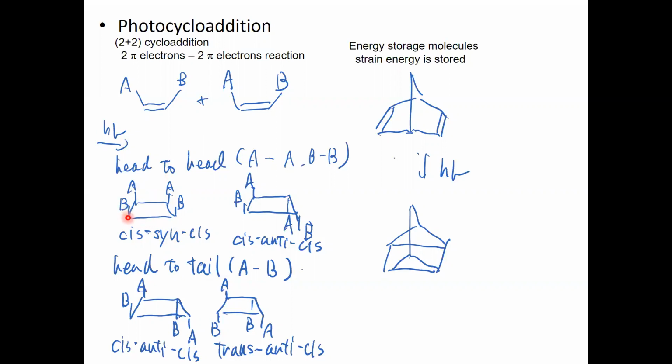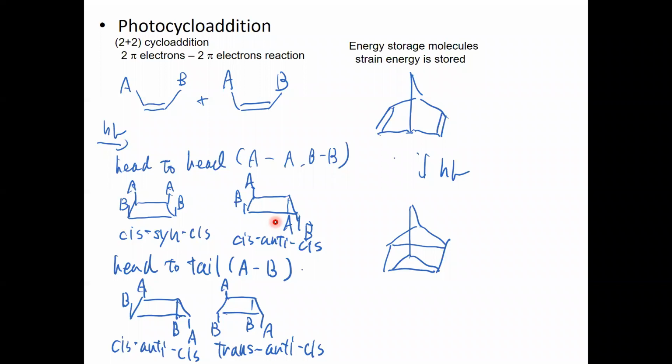So these are cis and cis in the same direction. On the other hand, you can have this kind of symmetrical addition as well. So these could induce geometrical isomers.